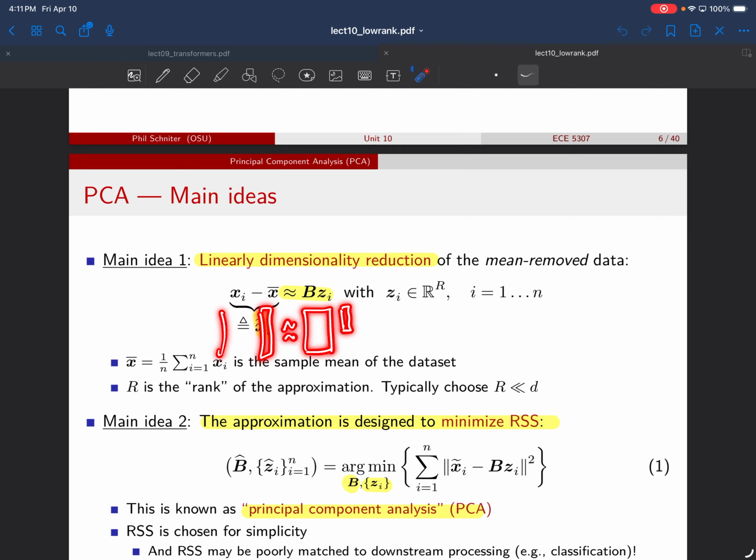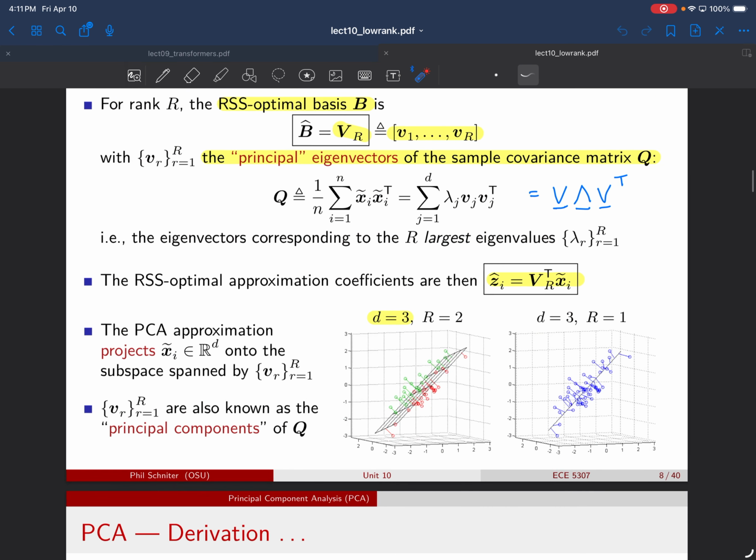So this has dimension D, whereas this has dimension R, and you can choose R. The smaller you make R, the worse the approximation, but the smaller the coefficients that you represent your data set with. So here we had a picture.